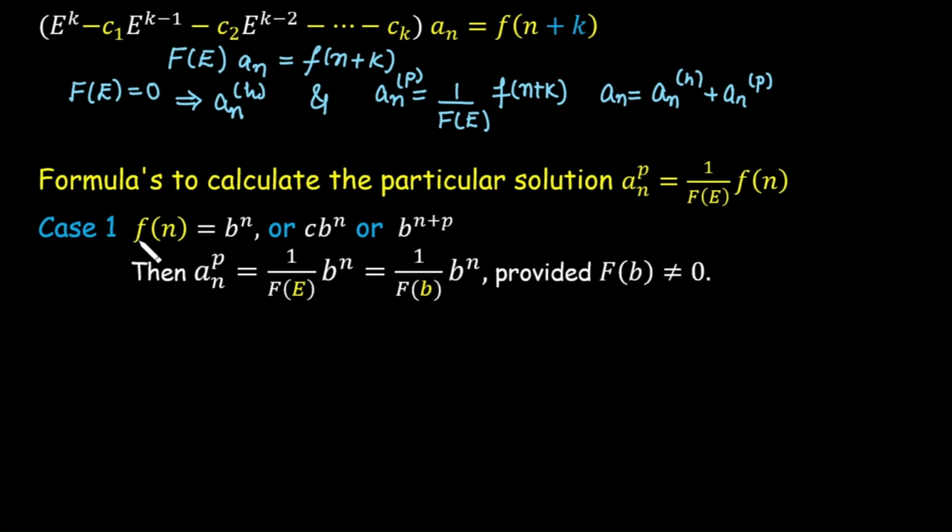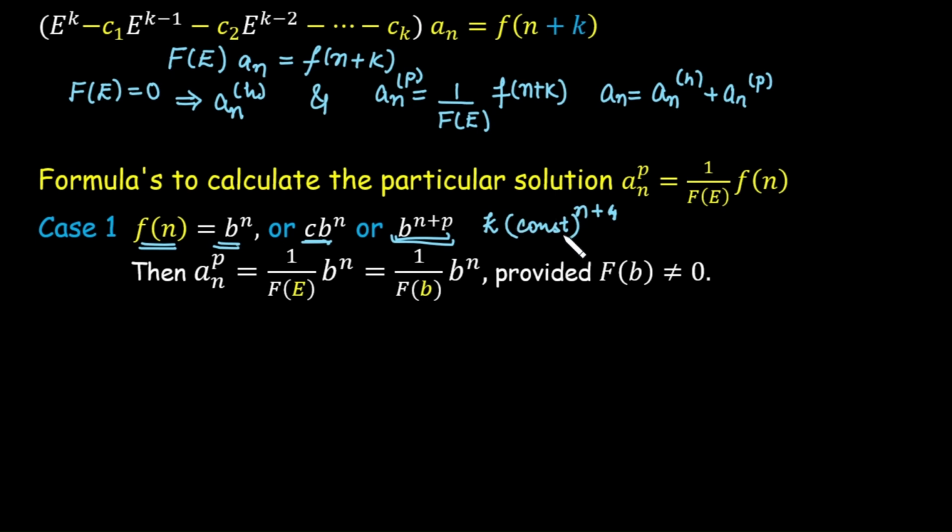The first case is if we have the right hand side function of the form b raised to power n, or maybe it is multiplied by some constant, or it is b raised to power n plus p. What does it mean? It is a constant raised to power n, or some constant is multiplied, or maybe the power is n plus 4.